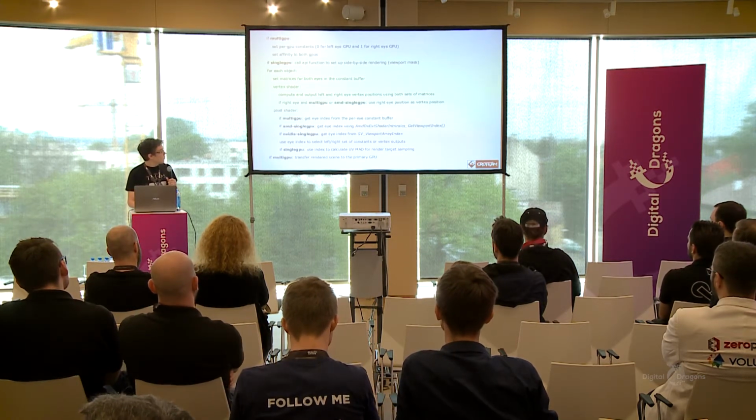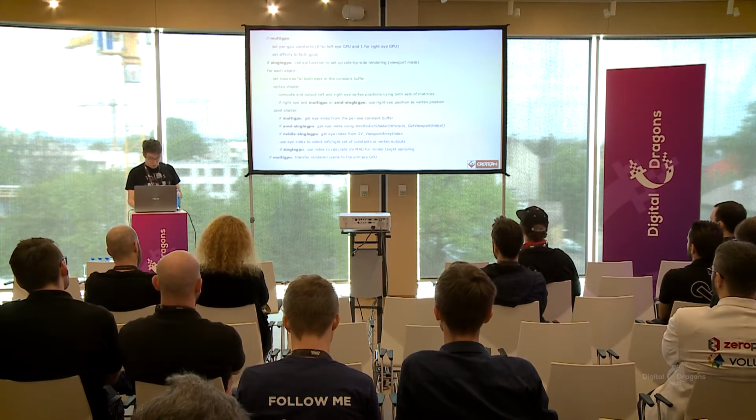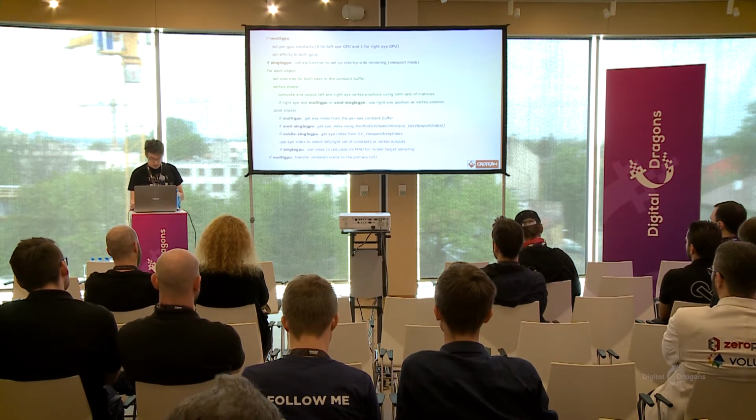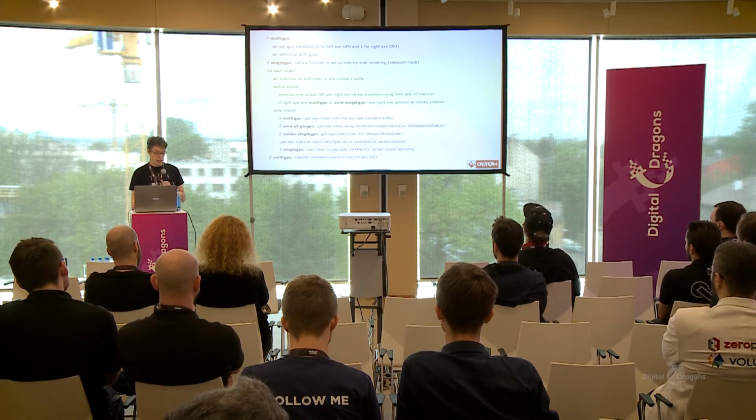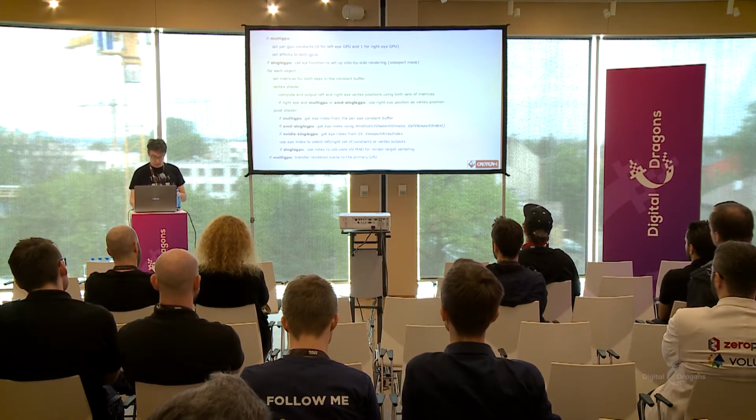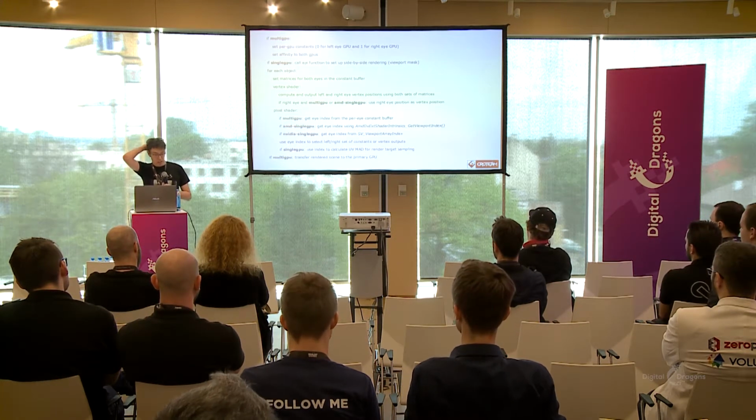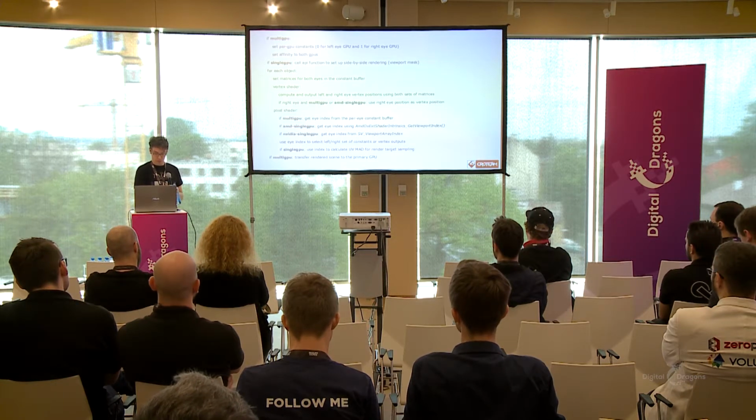So next is the pixel shader. The most important thing there is to get the eye index. We have 3 ways of doing that. For multi-view, we get it from the per eye constant buffer. For AMD single GPU, we get the index using the get viewport index function. And for NVIDIA single GPU, we get the index from the viewport array index pixel shader input.